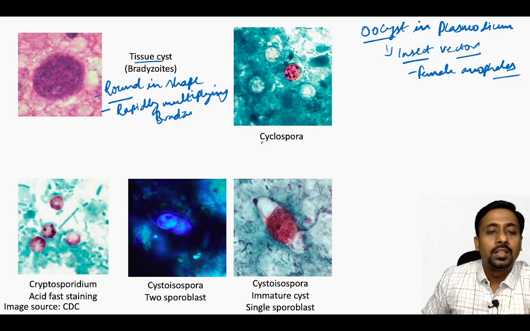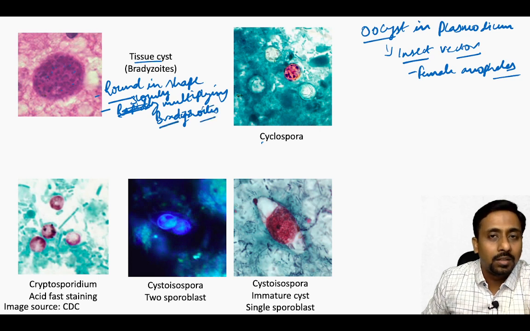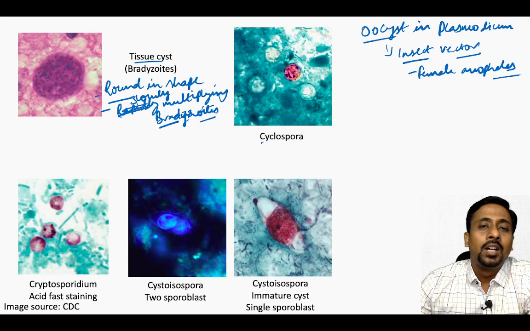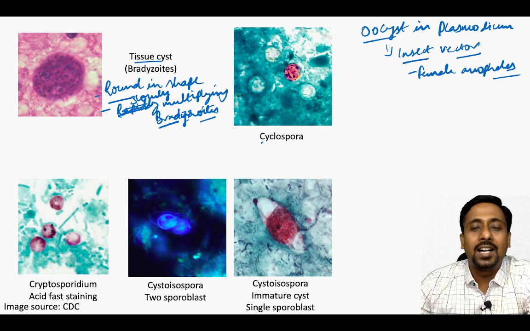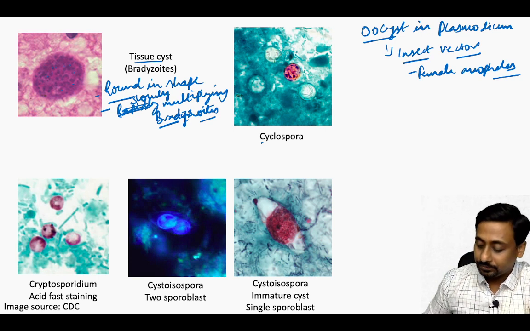Sorry, my mistake, it is not rapidly multiplying, it is slowly multiplying. The name itself, brady, indicates it is slowly multiplying. So even if you forget which one is rapidly and which one is slowly multiplying, just remember tachycardia means increase in heart rate and bradycardia means decrease in heart rate. So brady means decrease, so slowly multiplying. Even if you are forgetting it, you will be able to recall that you are making some mistake, and then you can rectify it as I have done right now.